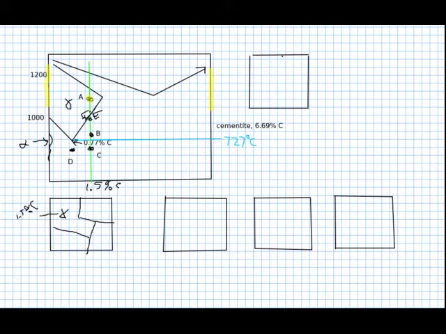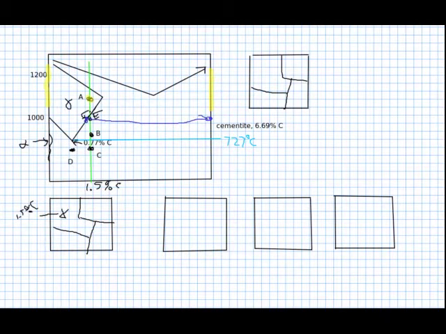We still have these grain boundaries from point A of austenite, but as I move to point E it's going to be a mix of austenite, that blue dot, and cementite over here. So E is a mixture of both these two phases.